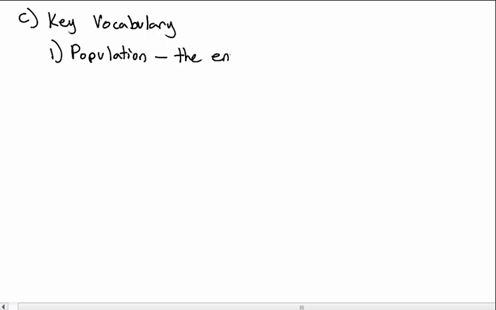As we take measurement, we need to make sure we're familiar with some key vocabulary. I told you there was a lot of vocabulary today. This is just one section of it. Key vocabulary as we're working with our statistics, when we're talking about the population, we are talking about the entire collection.